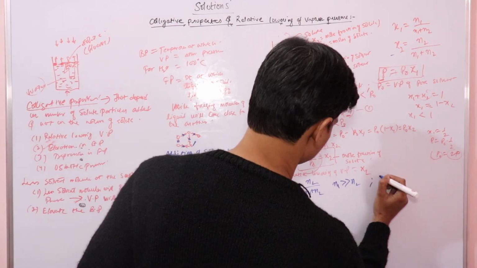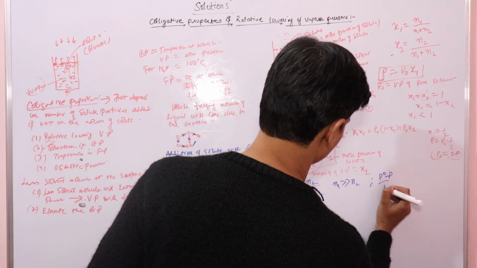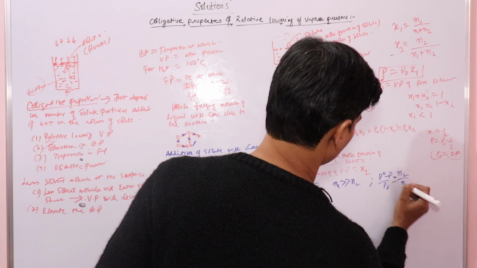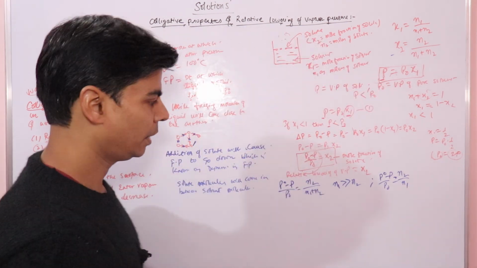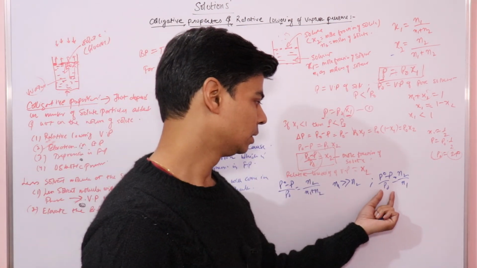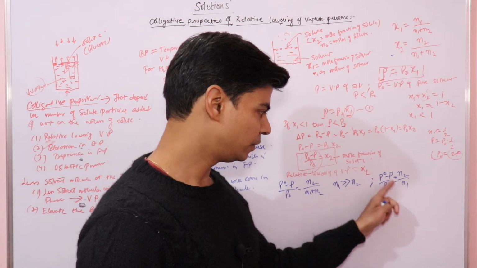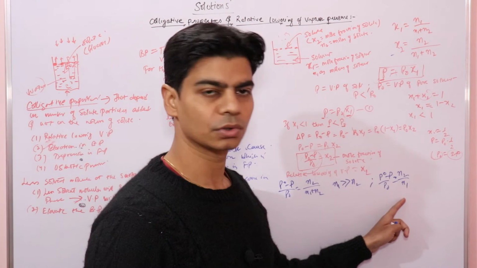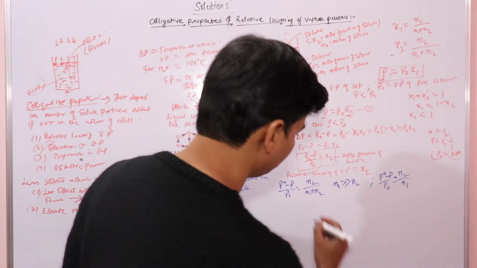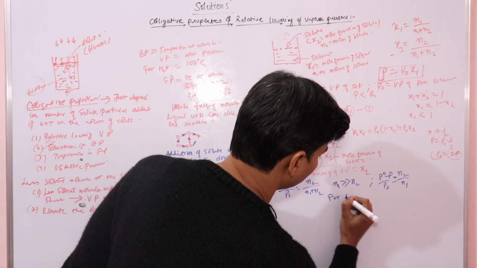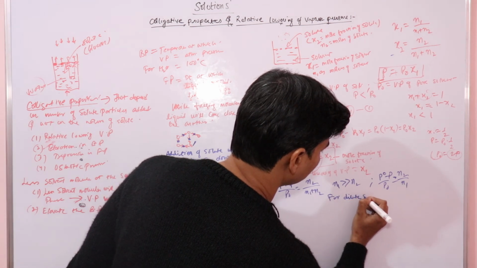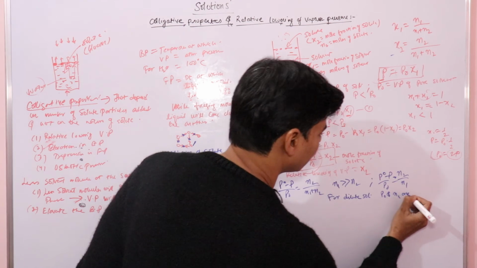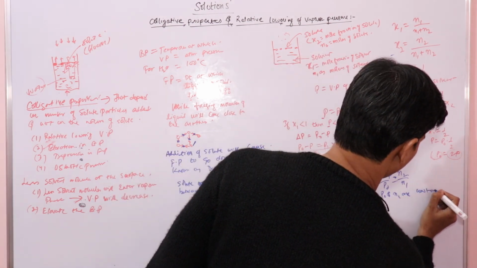So we can write this as equal to n2 upon n1, right? And for any dilute solution, we know that P0, the vapor pressure of pure solvent, and the number of moles of solvent, n1, are constant, right?